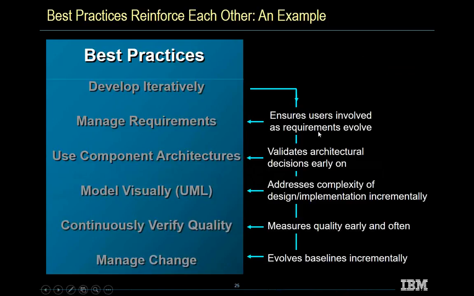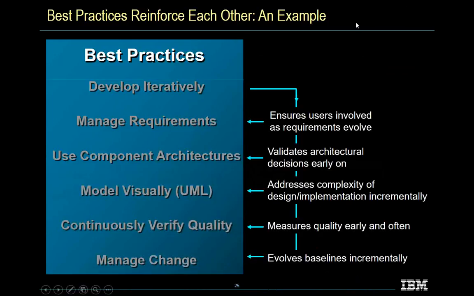Ensure users are involved, requirements are evolved, architecture decisions are made early on, business design has been done properly, and implementation is done in steps, incrementally. We are continuously qualifying, verifying, testing, and evolving your baseline solution incrementally. Best practices of the software development life cycle.